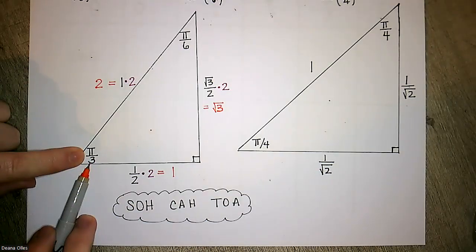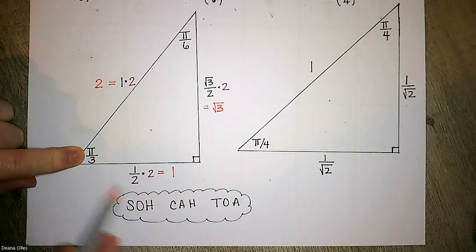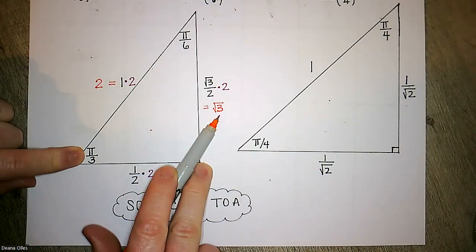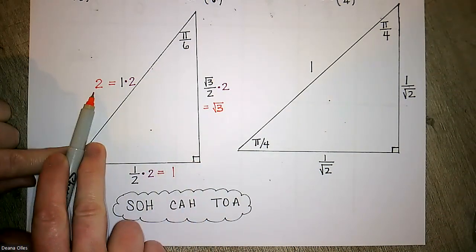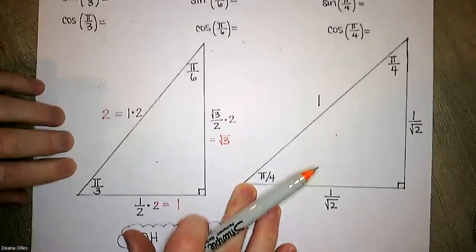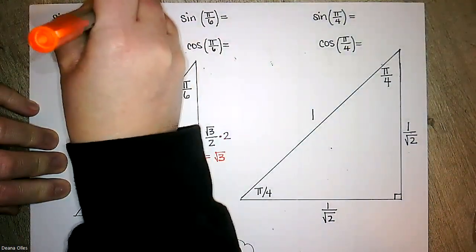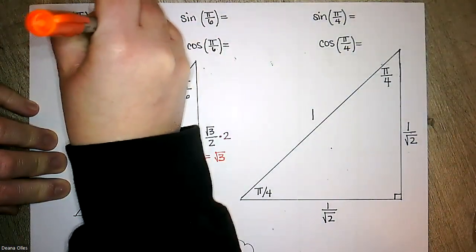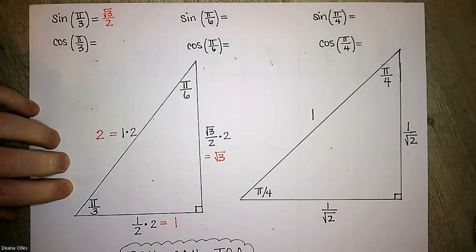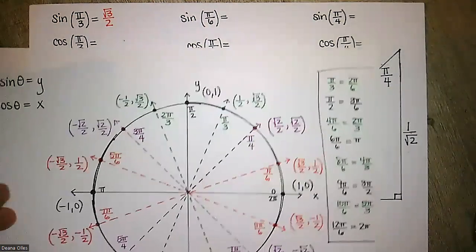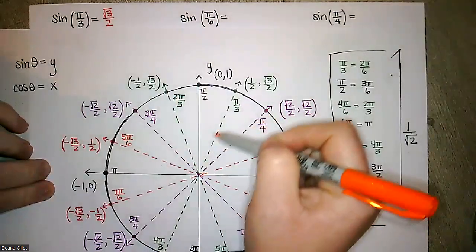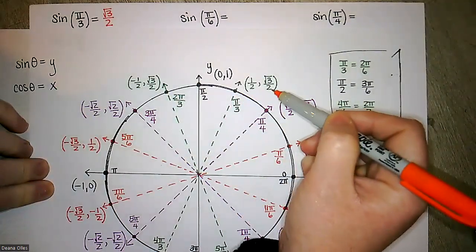The sine of pi over 3 is opposite over hypotenuse. So opposite is radical 3 over hypotenuse is 2. All right. So we're saying that the sine of pi over 3 is opposite over hypotenuse, radical 3 over 2, which is exactly what we said here. The sine of pi over 3 is radical 3 over 2.